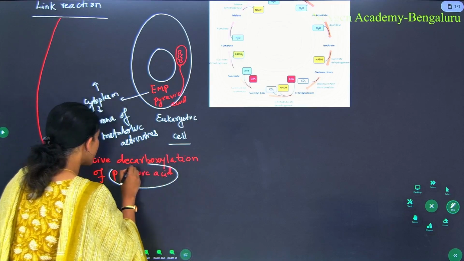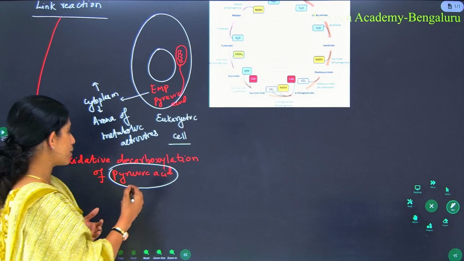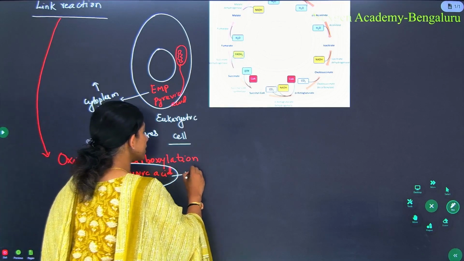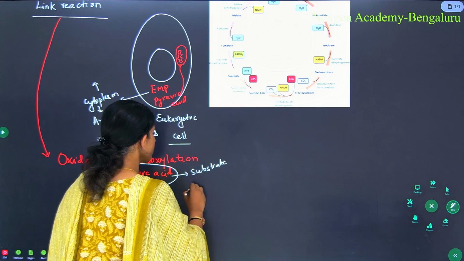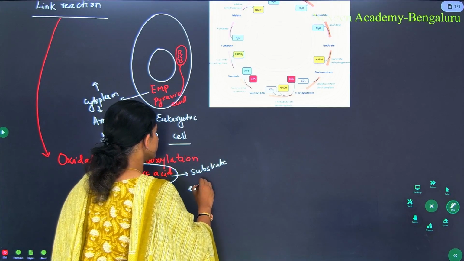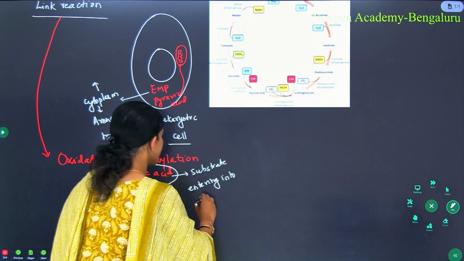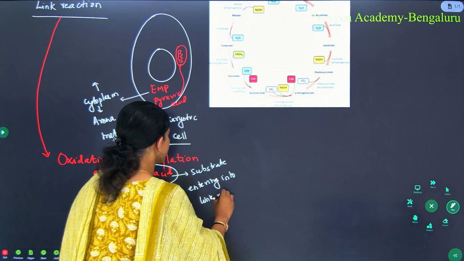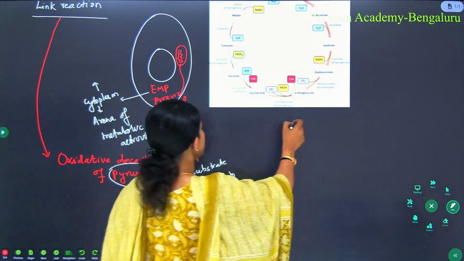Remember, pyruvic acid. So what are the different ways of question formation here? Pyruvic acid is said to be the substrate entering into link reaction, right?